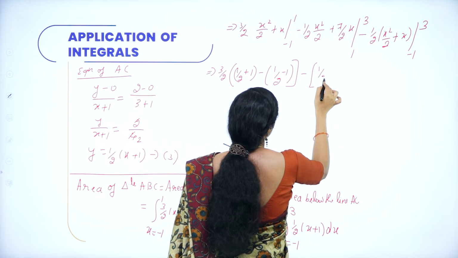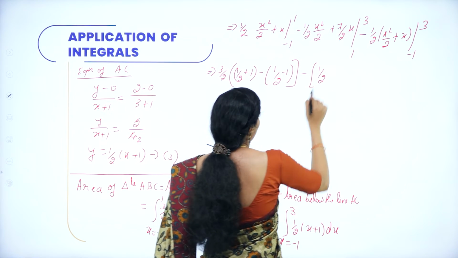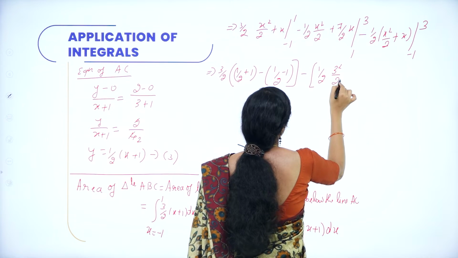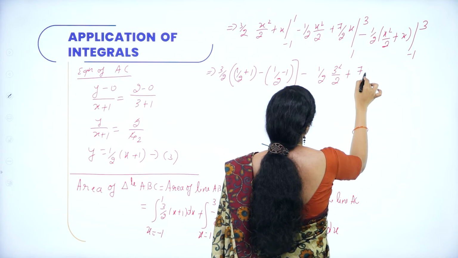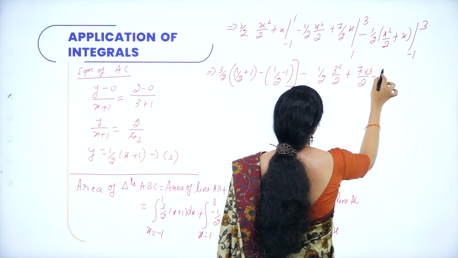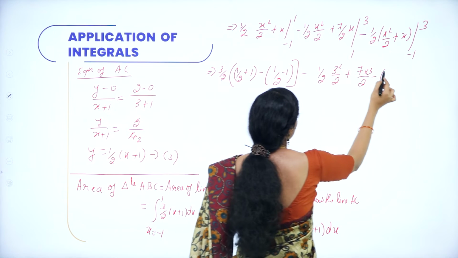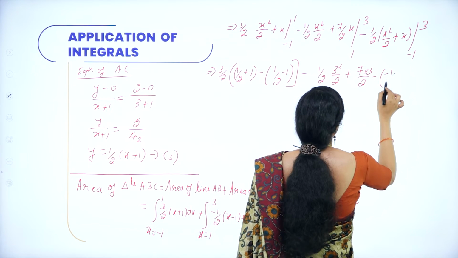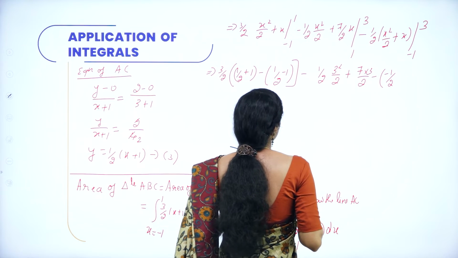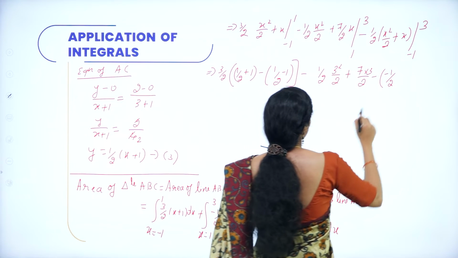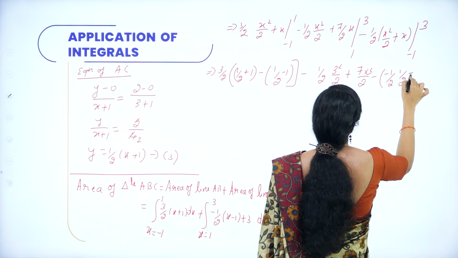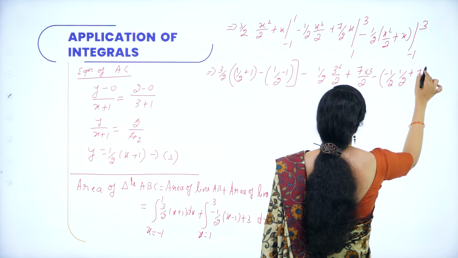So half into 3 square divided by 2, 7 into 3 divided by 2 minus, open the bracket, lower limit, minus half into x squared, which is nothing but 1 by 2 plus 7 by 2.